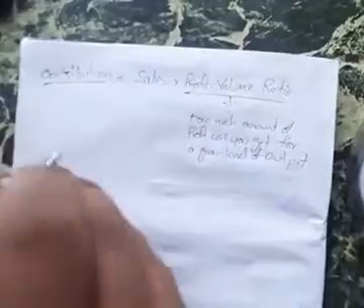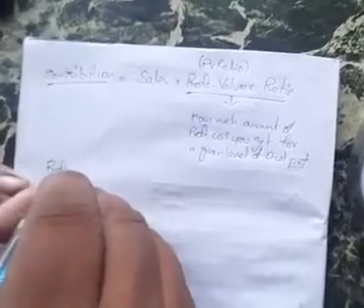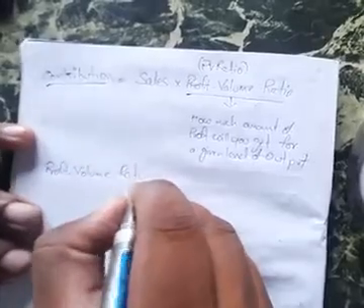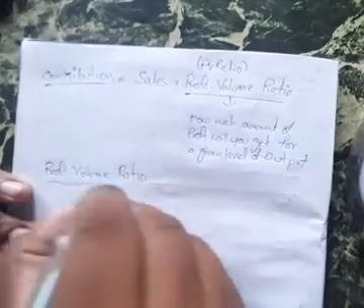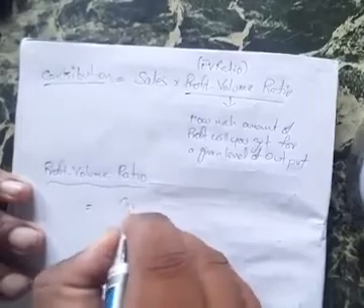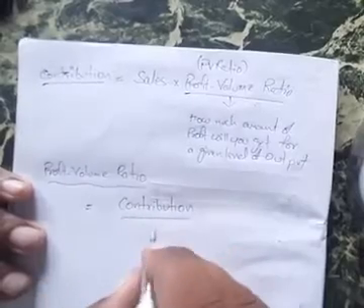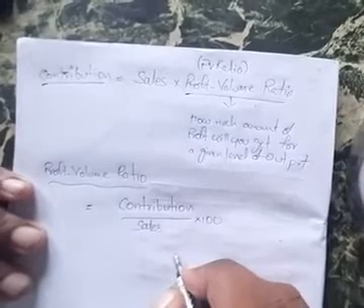Here now again you have a new word. Profit volume ratio is also known as PV ratio. The formula for PV ratio is: profit volume ratio is equal to contribution by sales into 100.